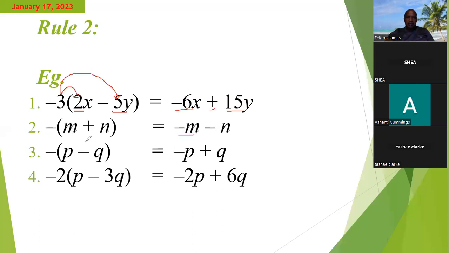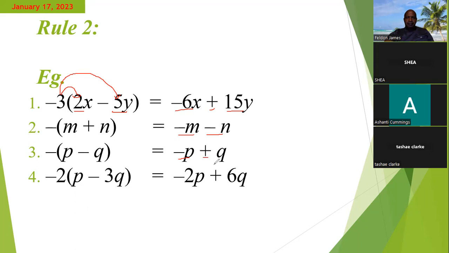So if you multiply it by a negative, it becomes negative. Now, negative 1 times positive n becomes negative n, right? So this is what you get after you have multiplied what is in the bracket by what is outside. Here now, negative 1 again times p gives you a negative p. Negative 1 now times negative q will give you positive q.